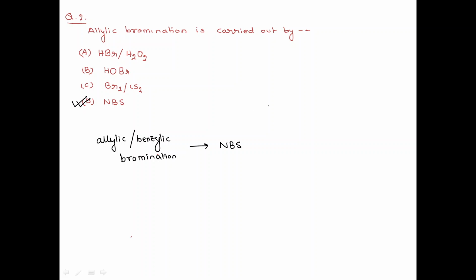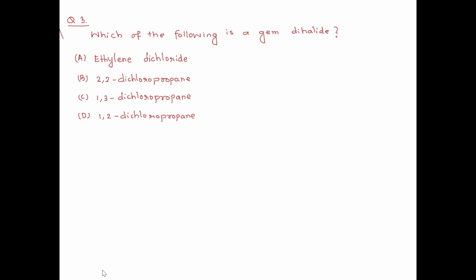So if you have CH2=CH-CH3, this is the allylic group and this is the allylic position. So if you add NBS and a light source, then you get CH2=CH-CH2Br. So this one is essentially the trick in this MCQ. Okay, so NBS is the correct option.